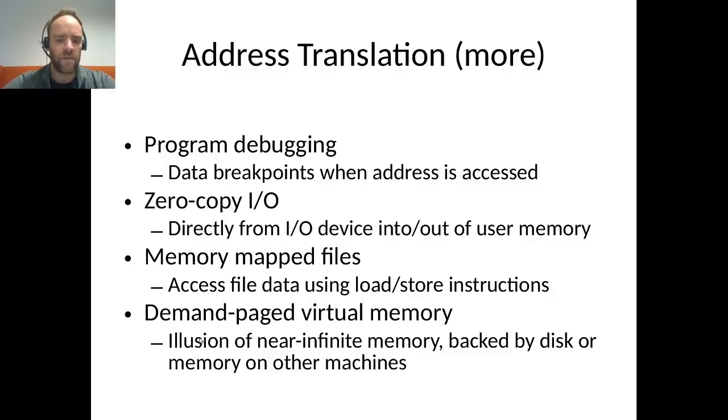Demand paged virtual memory: we also talked about this memory hierarchy, the illusion of near infinite and very fast memory, which is backed up by a disk or memory on other machines or the network. Here we're allowing the programmer to use memory without thinking too much about the hierarchy.